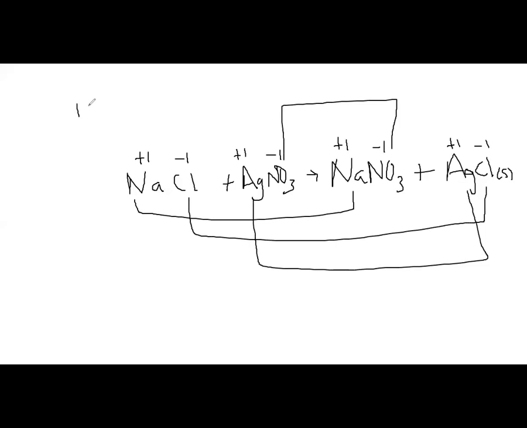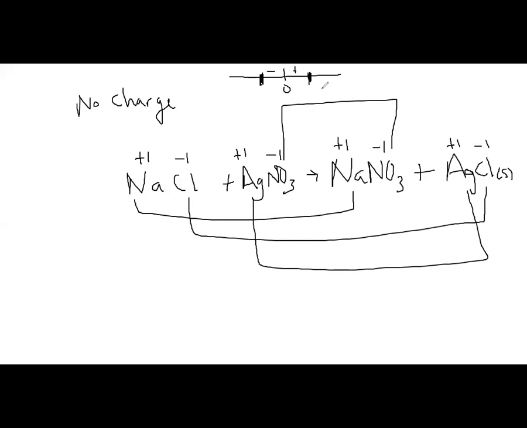There was no change in what is known as the oxidation state, or the charge, if you want to call it that for now. When you think about our number line that we talked about with redox reactions, nothing's moving. Sodium just stays right here, chloride stayed over here, same thing with nitrate, silver stayed here. Nothing went to the left, nothing went to the right.